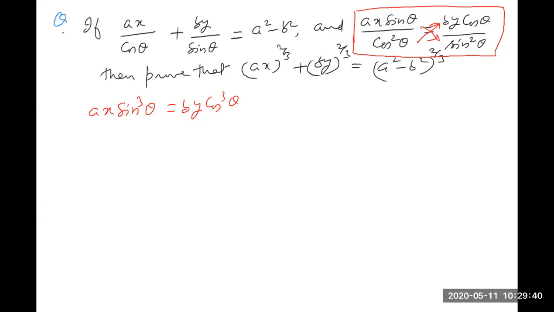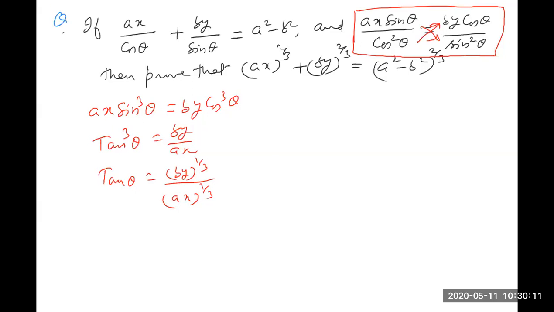Dividing by cos cube theta, this will give tan cube theta is equal to by upon ax. So from here, tan theta will be by raised to power 1 upon 3 upon ax raised to power 1 upon 3.